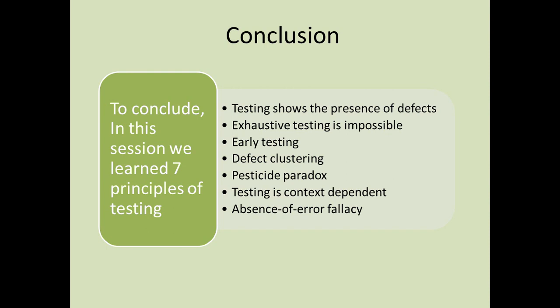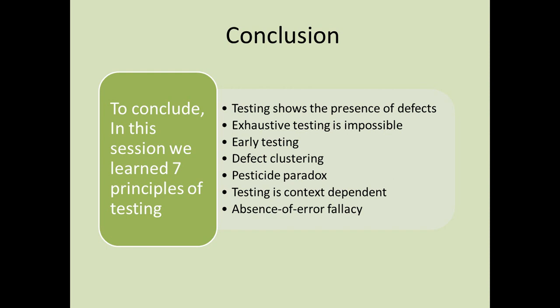Then testing is context dependent. So testing is done differently in different contexts. An e-commerce website will be tested differently from a safety critical or air traffic control system. Then absence of error fallacy is the last principle, which says that the software that you're delivering should be usable.